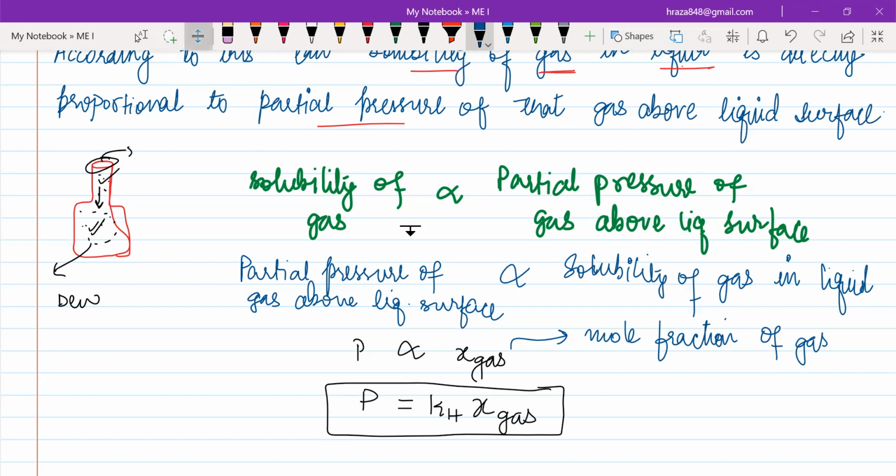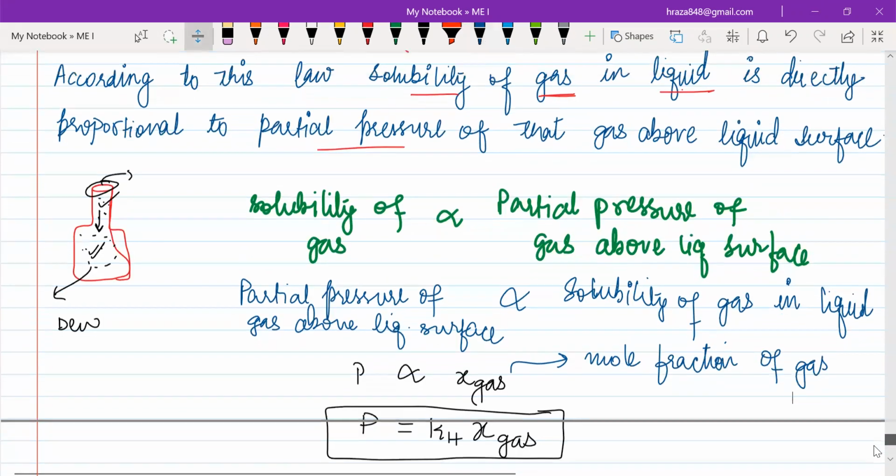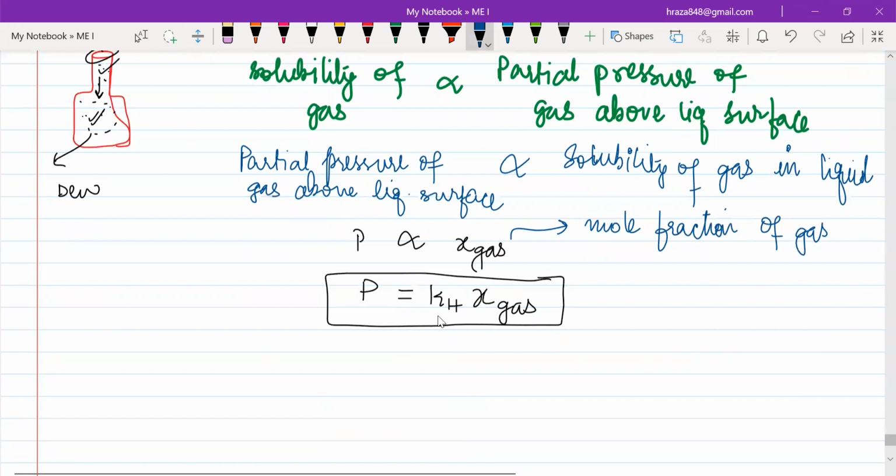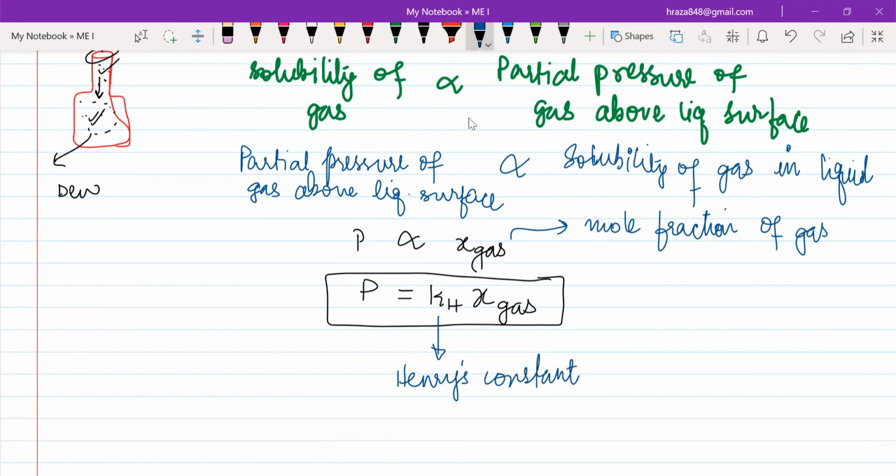So see, what is this KH? KH is basically Henry's constant, which depends upon the nature of the solvent. If you are going to find the value of KH, it will be equal to pressure upon mole fraction of gas.